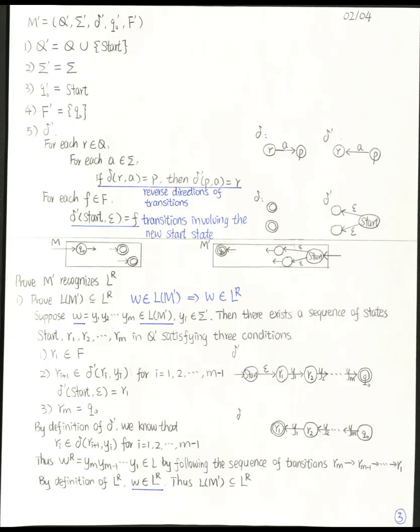So we know WR is in L. By definition of LR, we know that the reverse of WR, which is W, should be in LR. So by now, we suppose W is in LM prime, and then we reached a conclusion that this W is in LR. By doing this, we have proved that LM prime is a subset of LR.